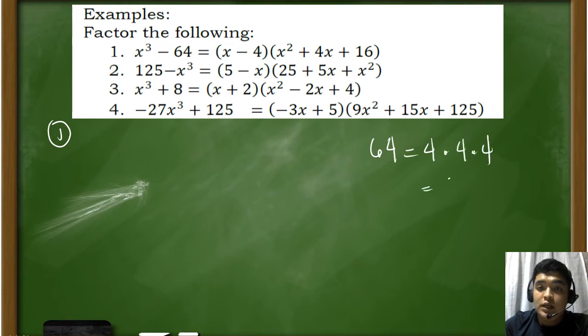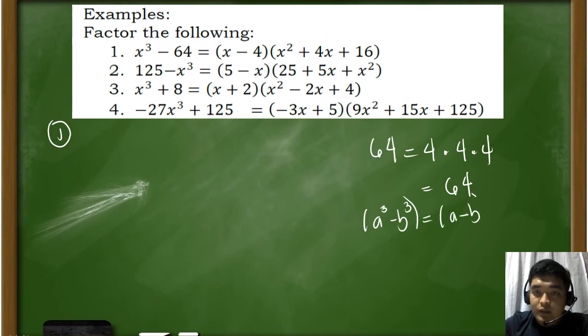So x cubed minus 64 equals, again, if it is a cubed minus b cubed, that is equivalent to a minus b, then a squared plus ab plus b squared.